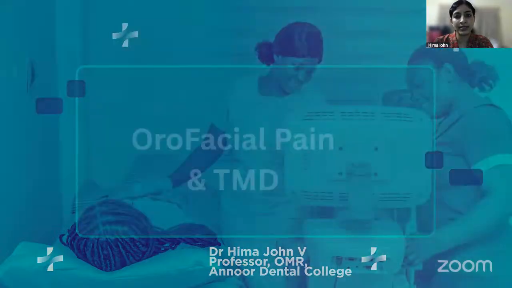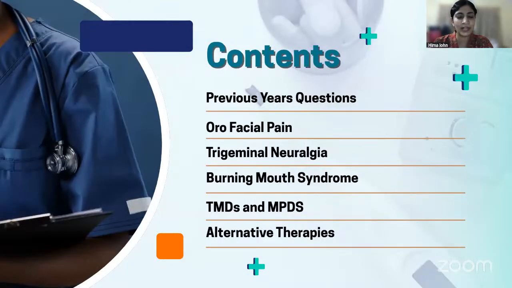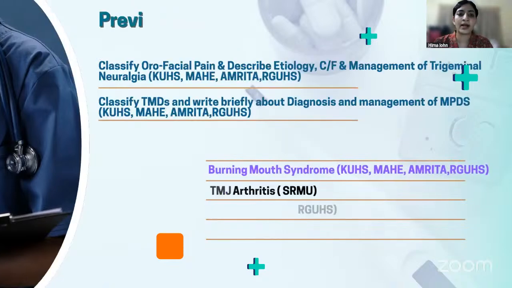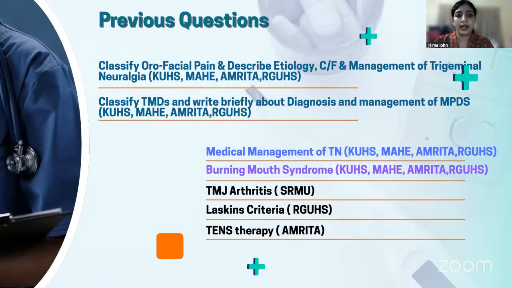Now, over the years, many questions have been very focused when it comes to this topic. So I've selected a few topics that you have to know, because when you start reading orofacial pain, you'll feel that it is very vast. But there are some selected topics which have always been asked over the years.